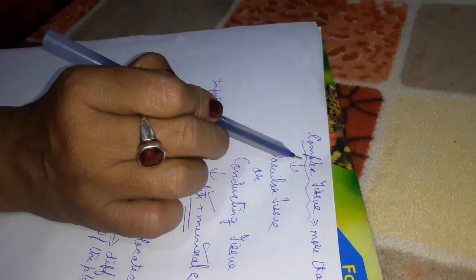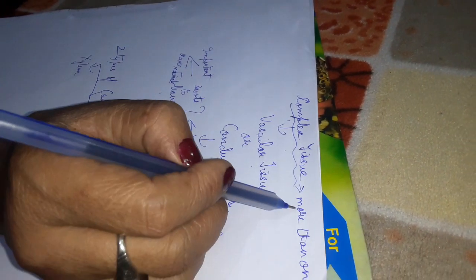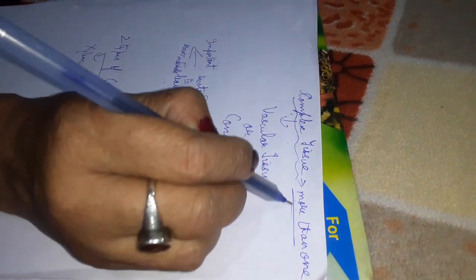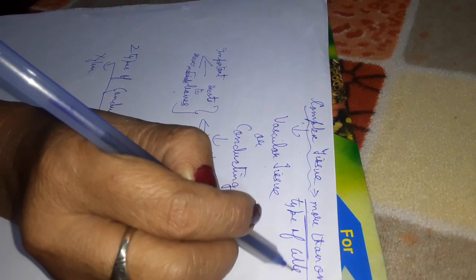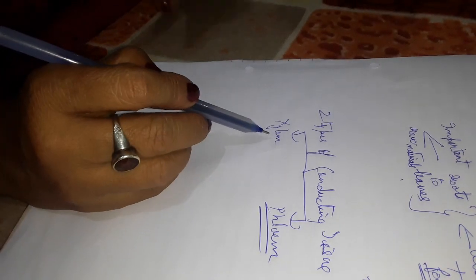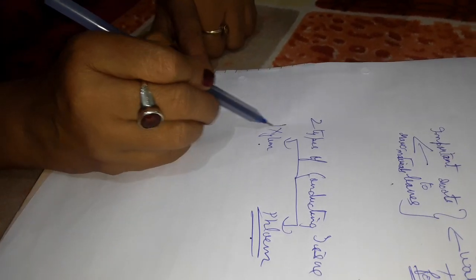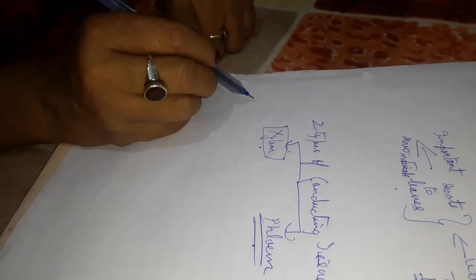But if you are asked why they are called complex tissue, because they are made up of more than one type of cells. So, we have two types of conducting tissue: xylem and phloem. First, we shall discuss xylem.